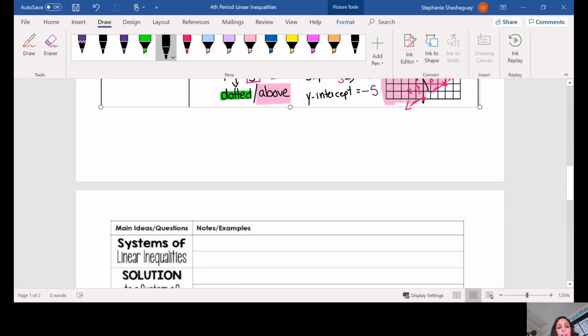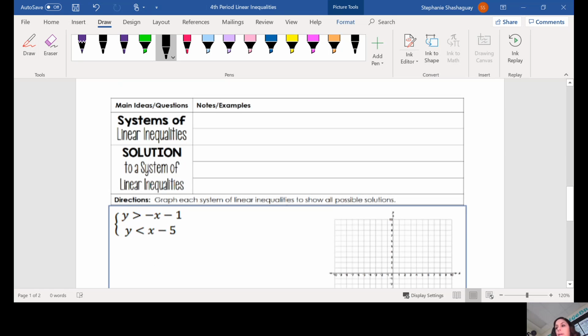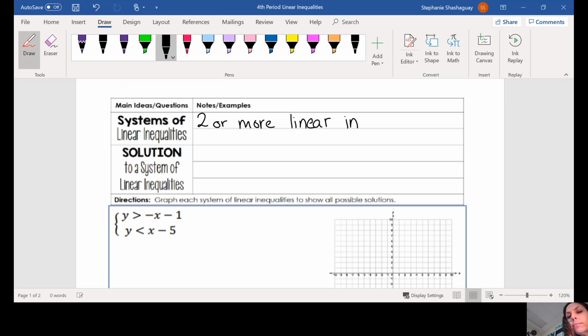Now we're going to practice graphing systems of linear inequalities. A system of linear inequalities is when you have two or more linear inequalities that are graphed together.